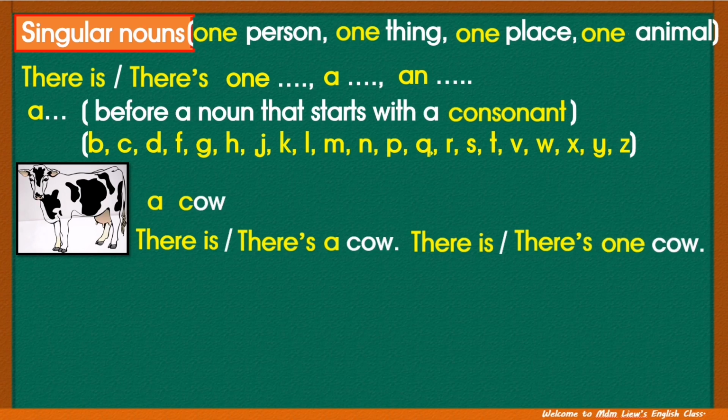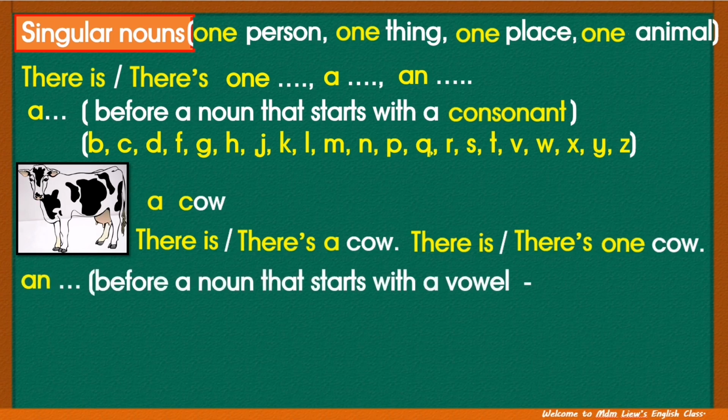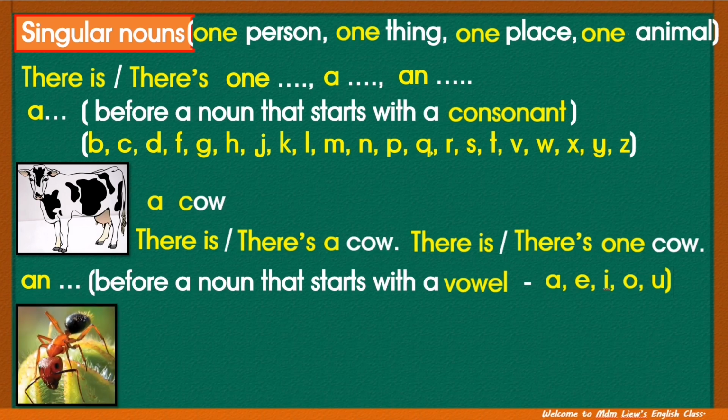We can also use an to replace the number 1. An is used before a noun that starts with a vowel. A, E, I, O, U. Example, what is this? Yes, ant.